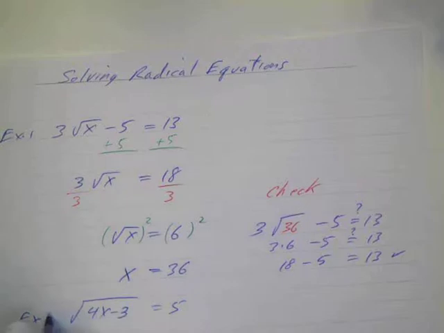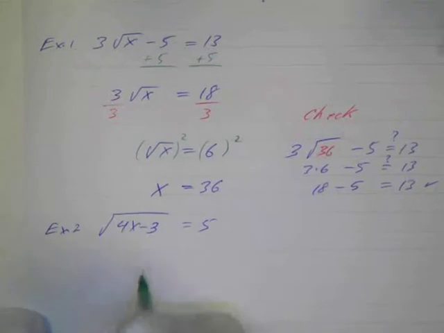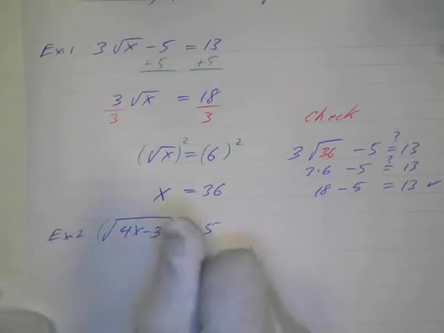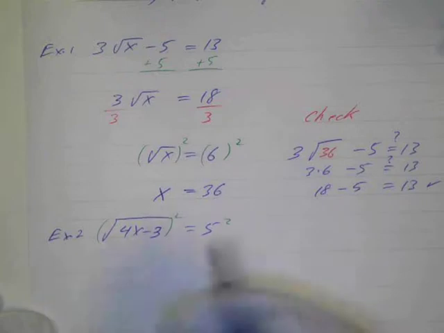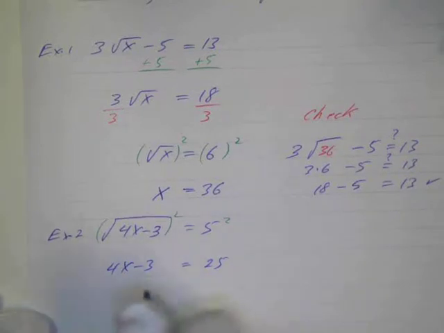We want to isolate the radical, but it's already isolated, so now all we have to do is square both sides. This is just going to be 4x minus 3, and 5 squared is 25. Then we just solve for x. So we add 3 to both sides. So 4x equals 28, then divide both sides by 4, so x equals 7.